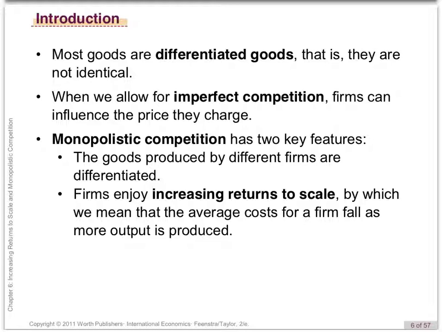We have so many brands, so many of the same goods, but different brands. That's differentiated goods. This is what we are doing. So they are not identical. And we allow for imperfect competition, particularly monopolistic competition. And in doing so, we can analyze the so-called increasing returns to scale.